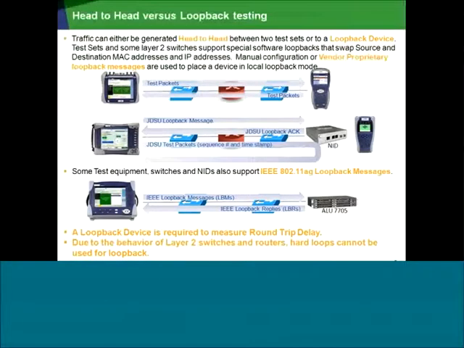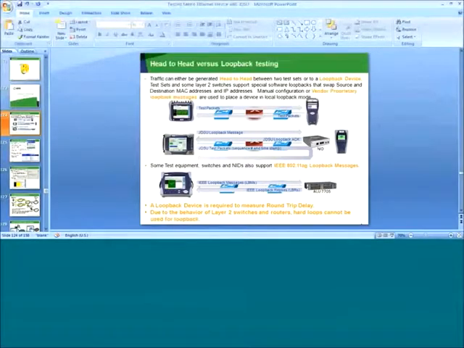Head-to-head testing means you're sending traffic in one direction, received on that one end, and that one end is also sending traffic received on the far end. No loop. So yes, all of them can be paired, of course. I think we've answered pretty much.